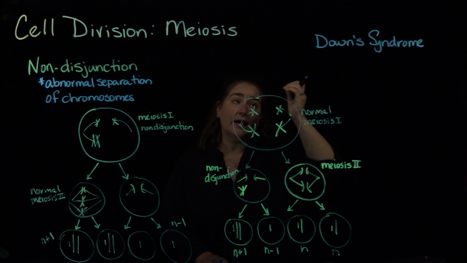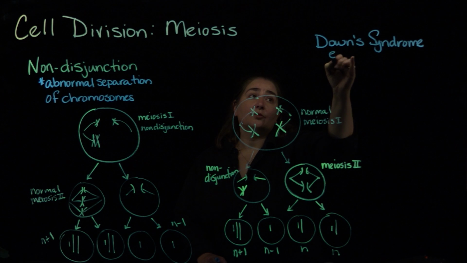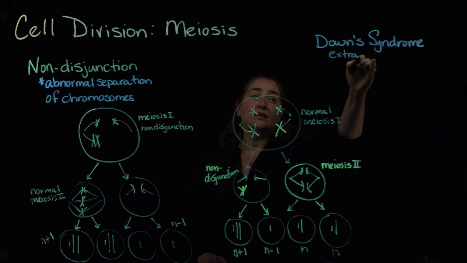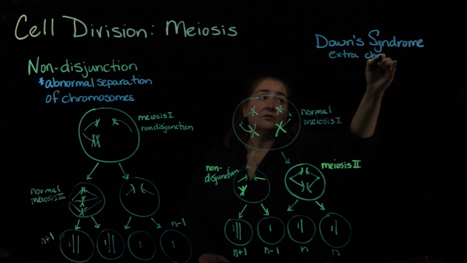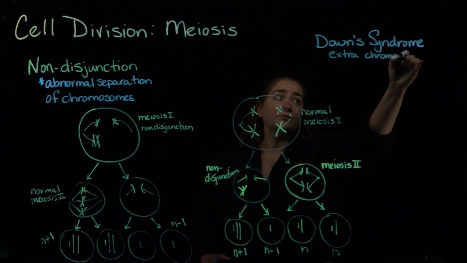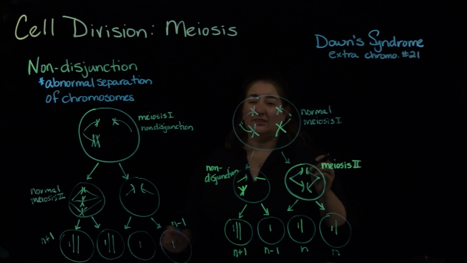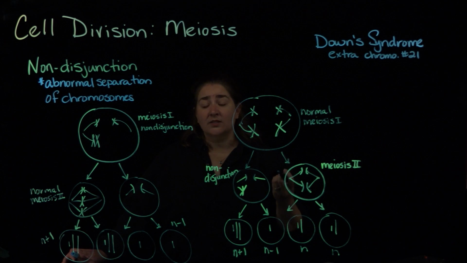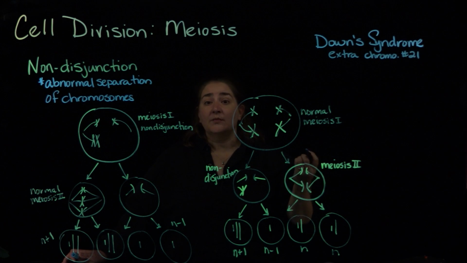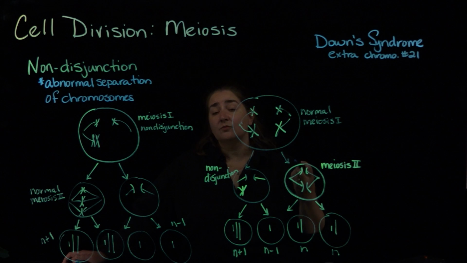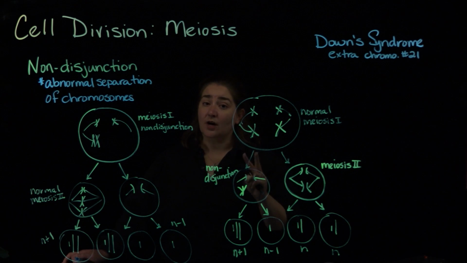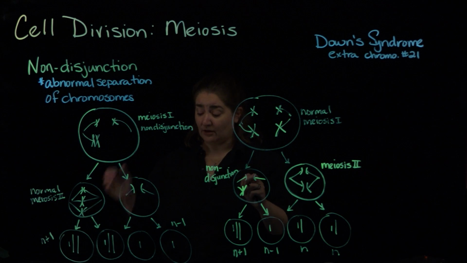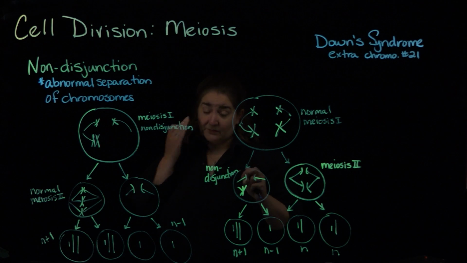Folks who have Down syndrome get an extra chromosome 21, so you'll also see Down syndrome referred to as trisomy 21. Those folks have 3 copies of chromosome 21 instead of just 2 copies, which would be normal for a diploid organism.